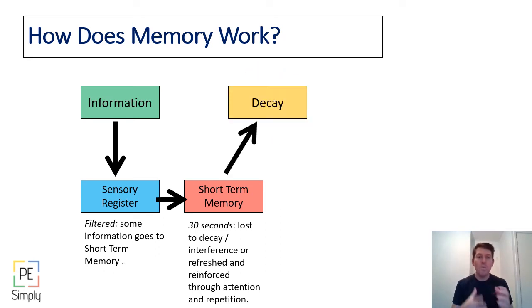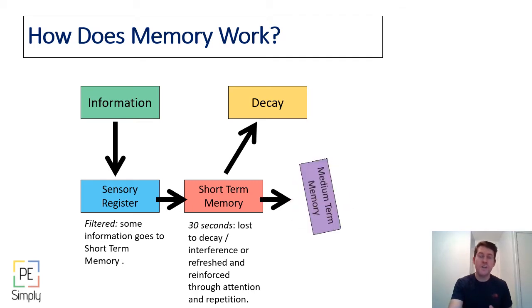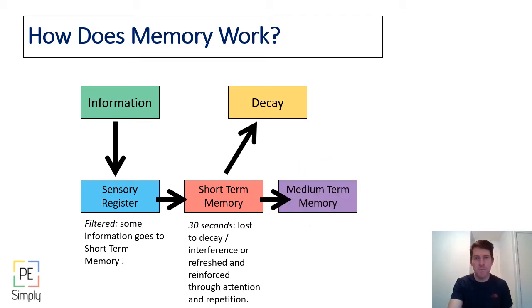But we need to refresh our memory, and we need to have that reinforcement over time and repetitively, through attention, through repetition, in order for it to go to our medium-term memory. From our medium-term memory, which lasts for somewhere in the region of about a week, a couple of weeks maximum, again, some of that information will be lost, through decay, if we don't try and retrieve it, or if we don't recap on it, and so on.